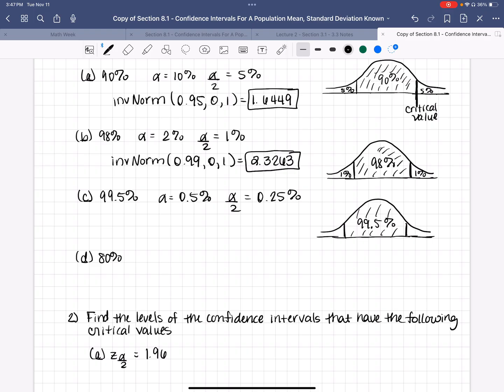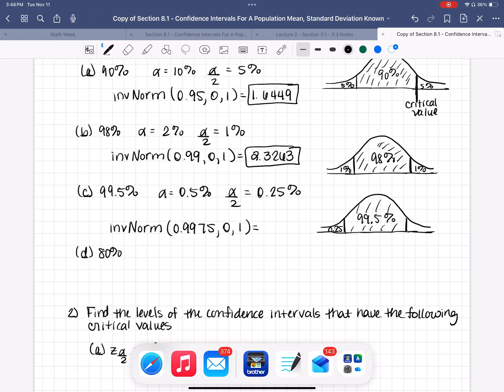So I'm going to do an inverse norm of, let's see, this also has 0.25, so that's going to be 0.9975. And I'm going from 0 to 1, and I'm going to pick left. I'm not going to write left on there because most of you guys don't have the left.